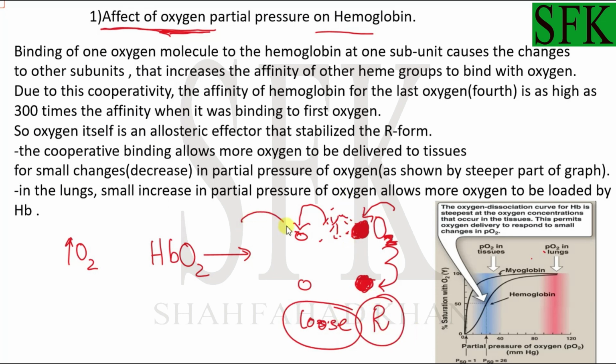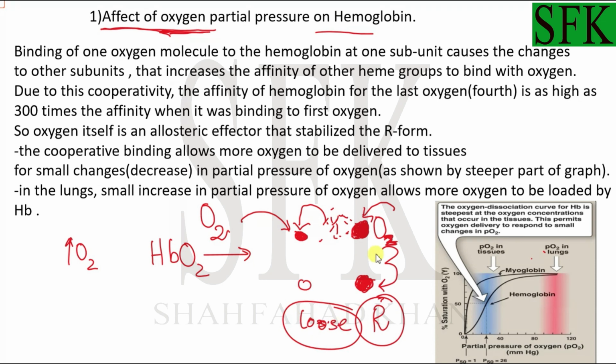And so if it has to accept oxygen at the adjacent heme site, it will accept oxygen more readily, because now in the R conformation, the affinity for accepting oxygen has increased.